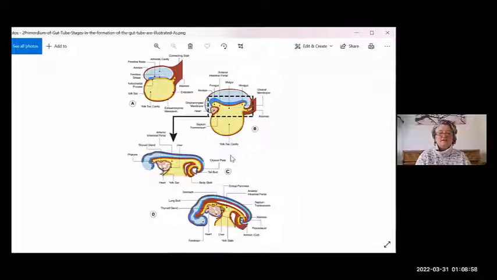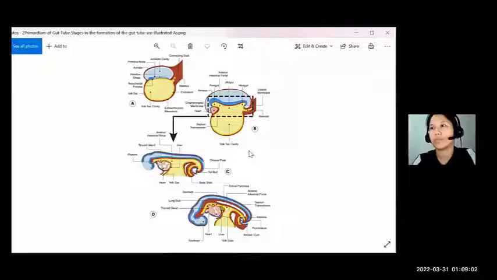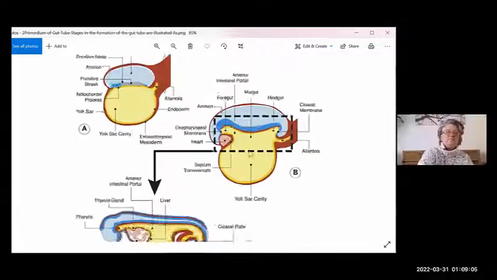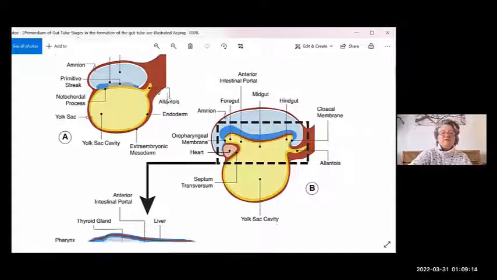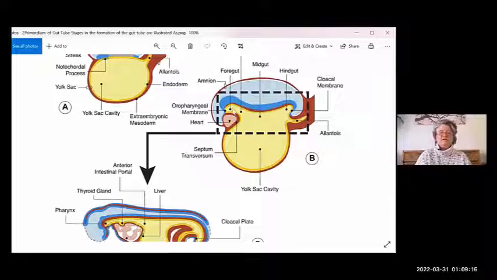And here are a few stages of it. So here it is completely outside of this flat to be round flexed human. And here it is starting to flex. Here it is starting to enter in and creating a longitudinal tube from mouth to what will be cloaca, anus.